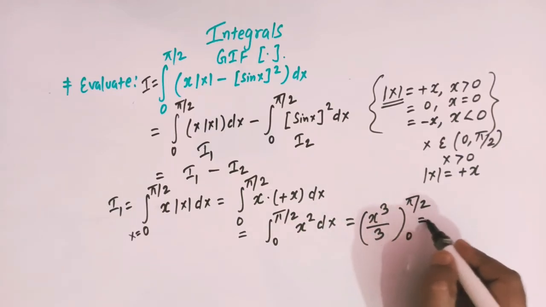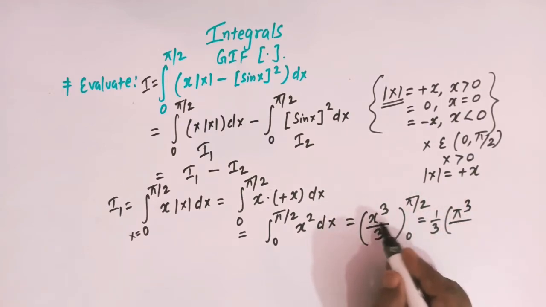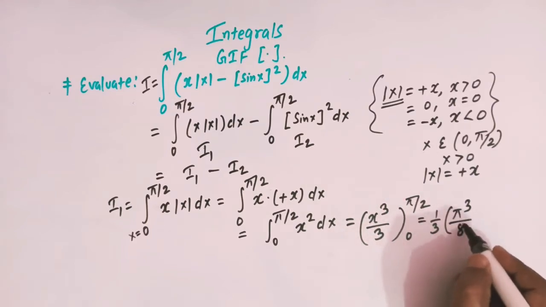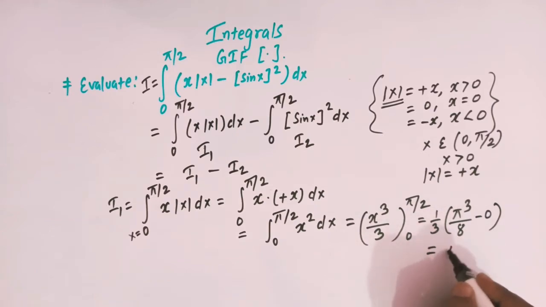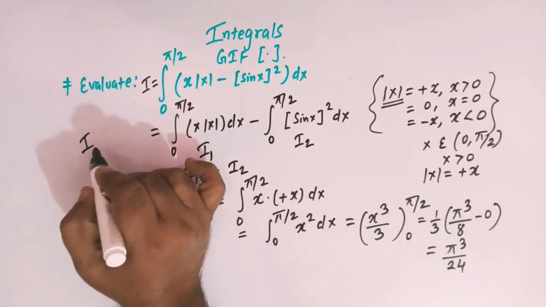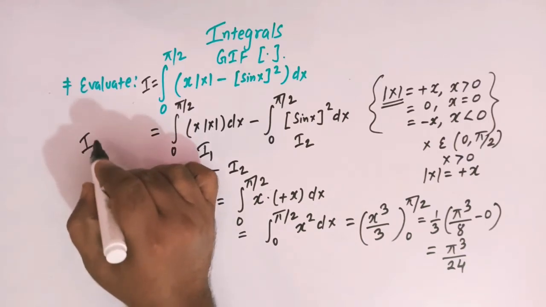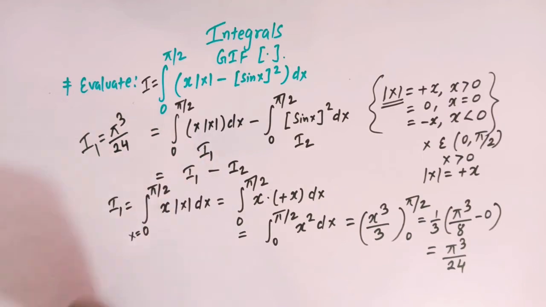Now we'll simply substitute the limits. So here we have pi cube over 2 cube, which is 8, and here we have 0. So now we have pi cube over 24, right? So we have obtained the value of I1 as pi cube over 24, right?